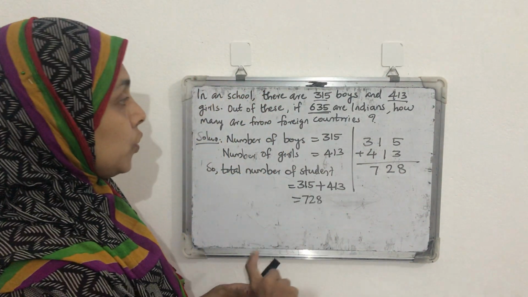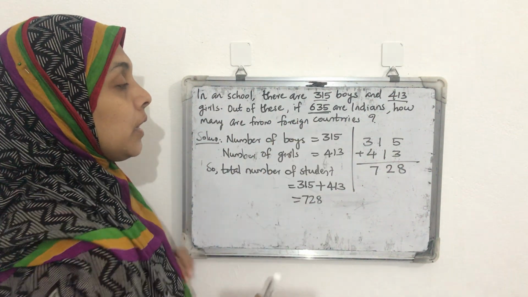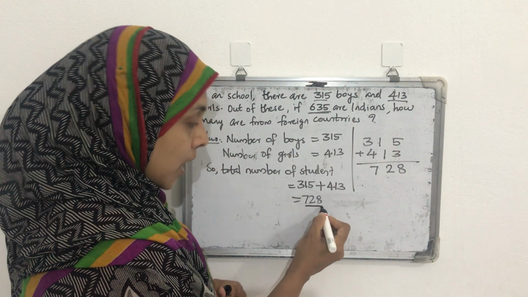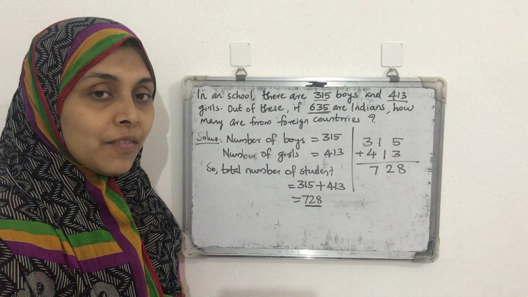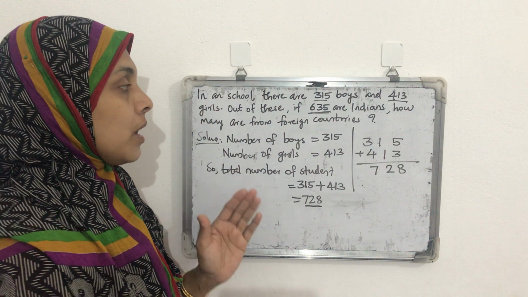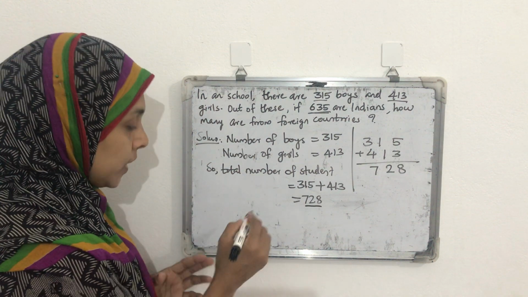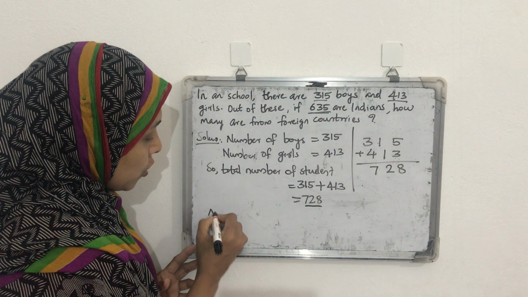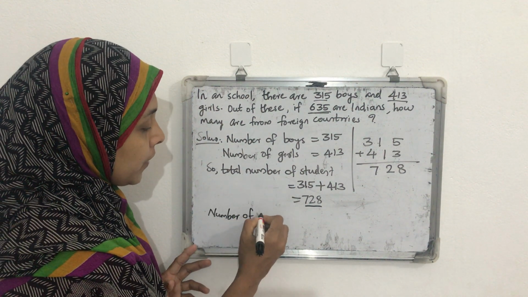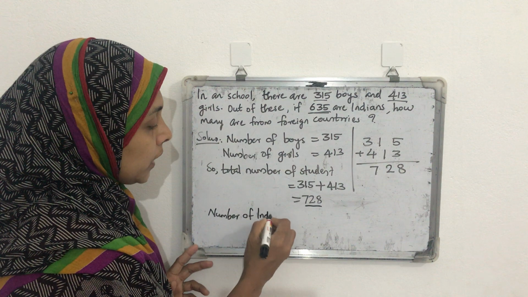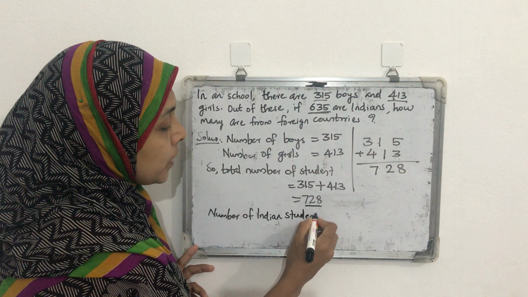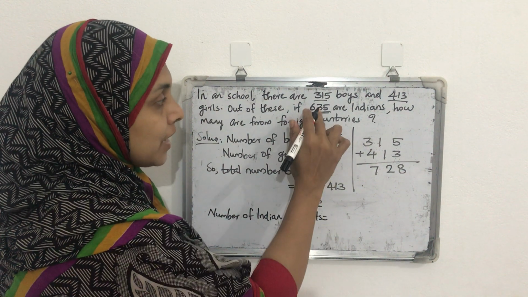Now again read the question. If 635 are Indians, out of these total students, how many students are Indians? 635. Then how many are from foreign countries? So next we can write number of Indian students. How many Indian students are there? That is given in the question.